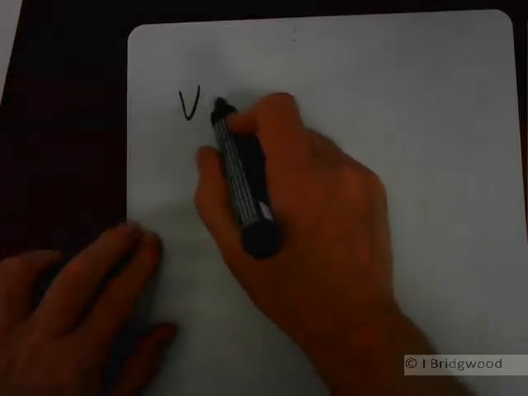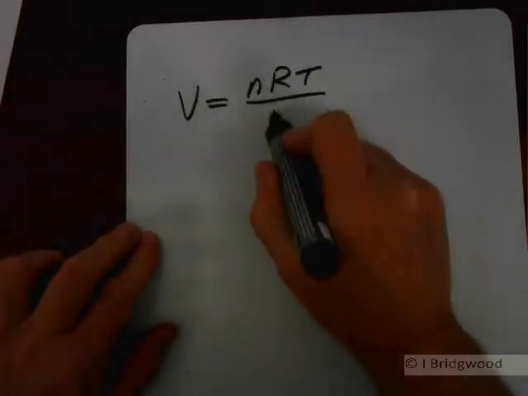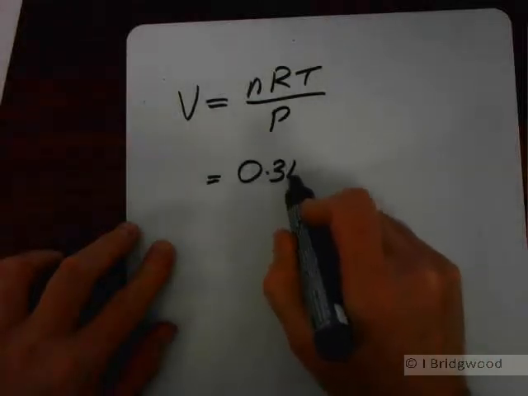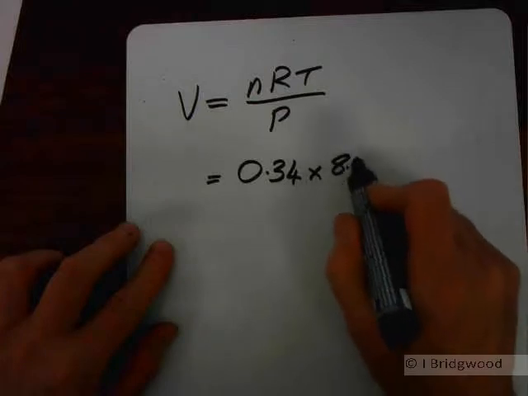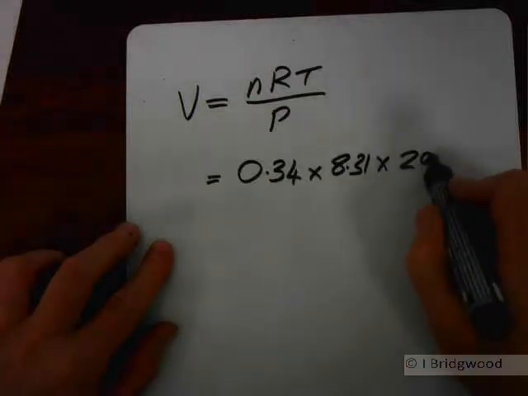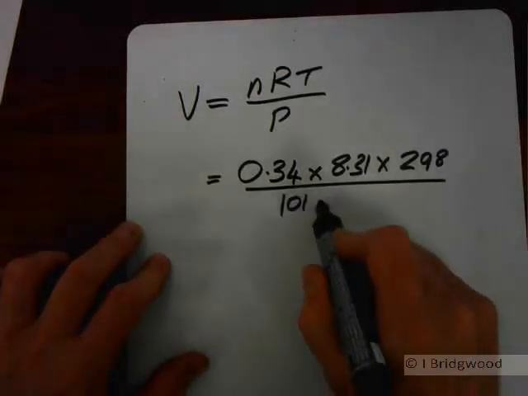So our equation, V equals nRT over P, 0.34 times 8.31 multiplied by 298 divided by our pressure, 101,000.